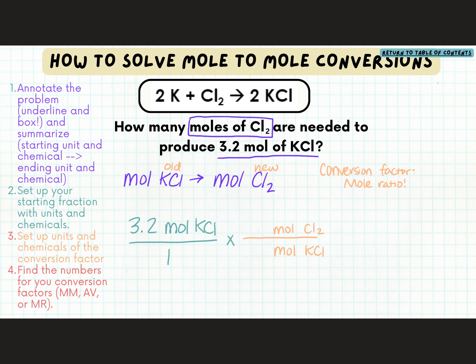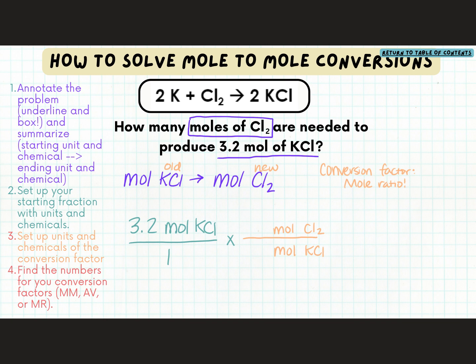All right, the last step, now that we have our units and chemicals set up for our conversion factor, is step number 4, which is find the numbers for your conversion factors. It says MM for molar mass, AV for Avogadro's, or MR, which is mole ratio. And mole ratio is what we're going to do.